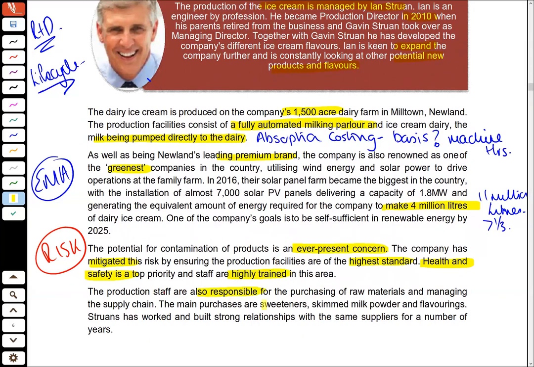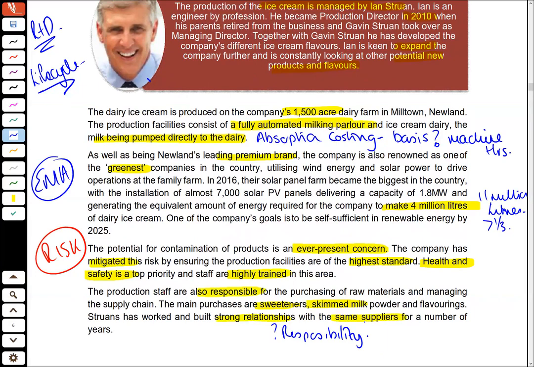The main purchases are sweeteners, skim milk powder, flavourings, and we have built strong relationships with the same suppliers for a number of years. So again, thinking about responsibility, thinking about the autonomy that we may be giving people when we're setting budgets. From a budgeting point of view, and in terms of responsibility accounting, we have given them quite a lot of responsibility there.